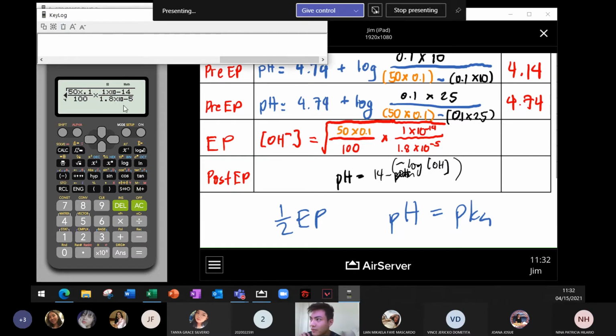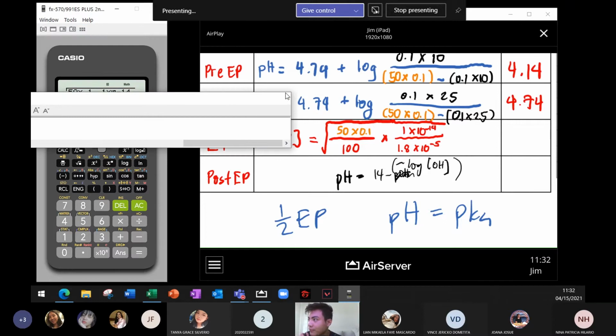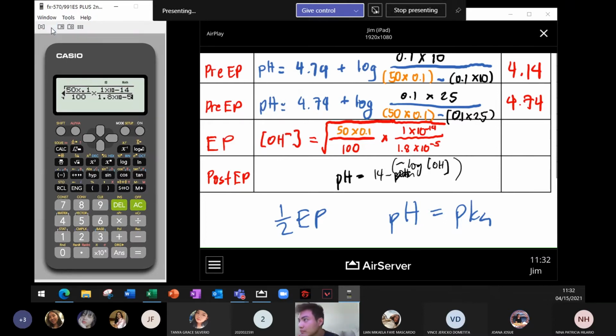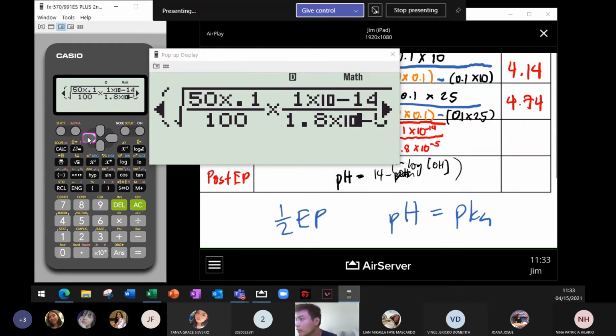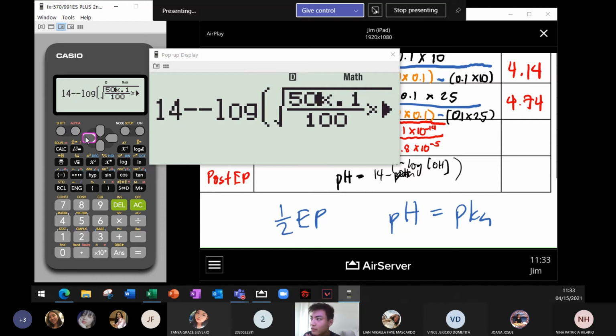Pakita ko ulit. Lakihan ko tong Calcu. Ito yung ginawa ko ha. 14 minus negative log. Okay. So, ito negative log, ito yung POH.